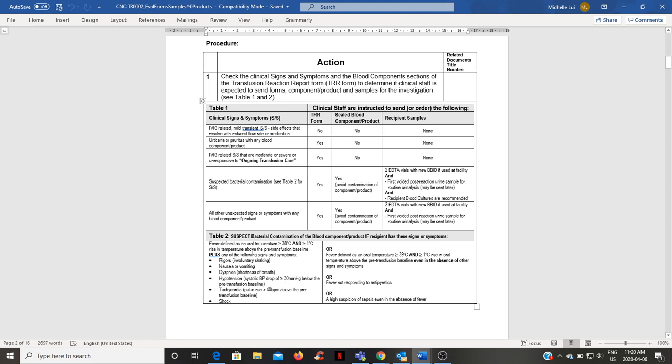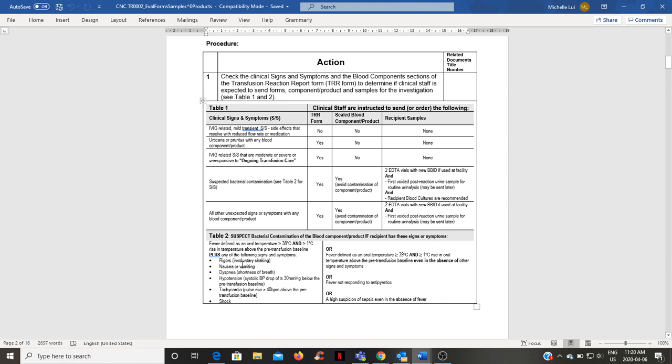Okay, so table 2. Does this particular reaction qualify as a suspected bacterial contamination? Well, let's see. We've got fever defined as an oral temperature of greater than 38 and a greater than 1 degree rise above the baseline. Yes, we have that. Plus any one of the following.